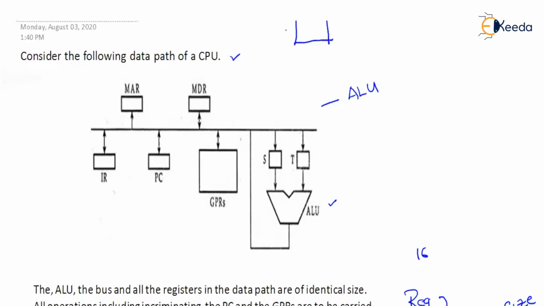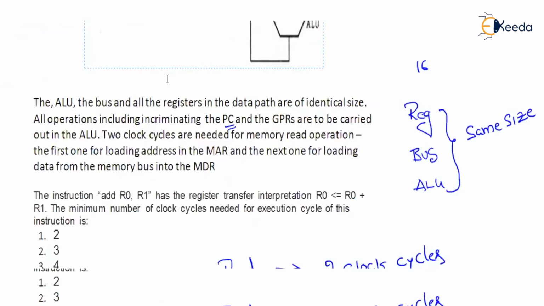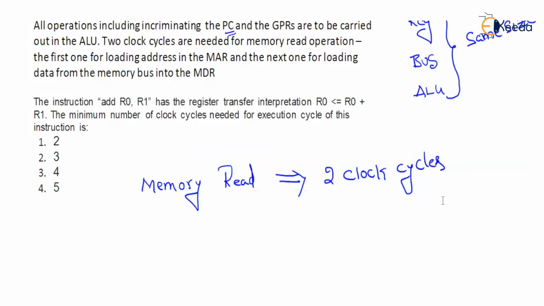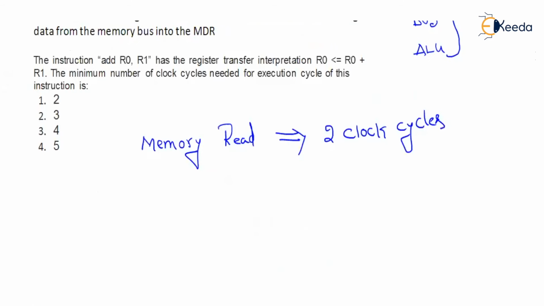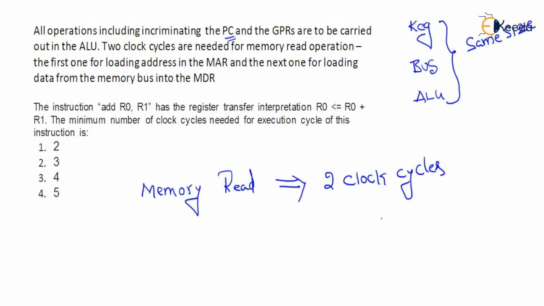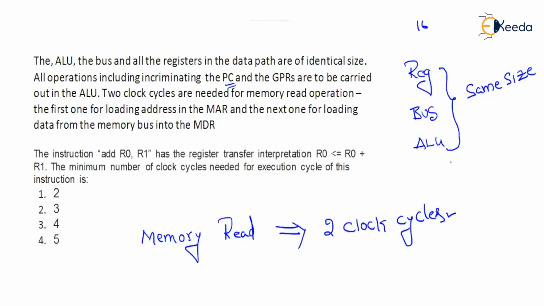After locating this address in the main memory, the data at that location will get transferred to the data register. So these two steps take 2 clock cycles. Memory read is equal to 2 clock cycles: one is loading the address register with the address, and the second is transferring the data from that address to the data register. One memory operation, that is memory read, requires 2 clock cycles.